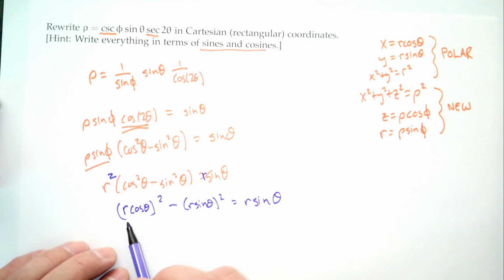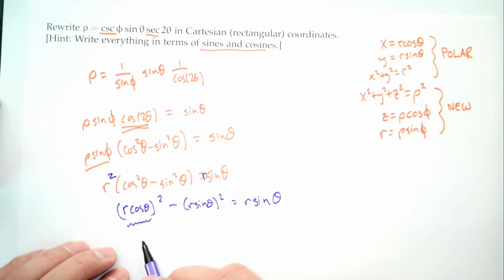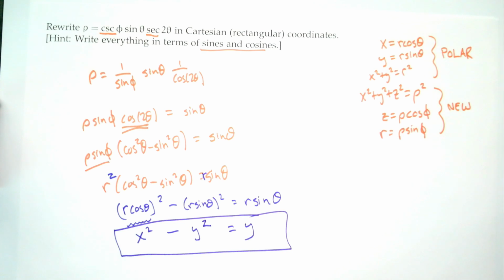And now I say, r cosine theta, is that on our list? Yes, it's x. That marks the spot. So x squared minus y squared equals y. So there you go.